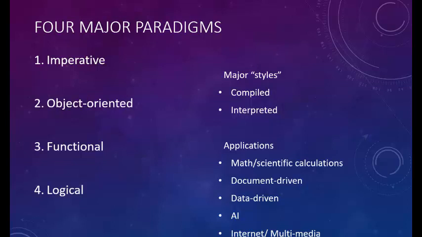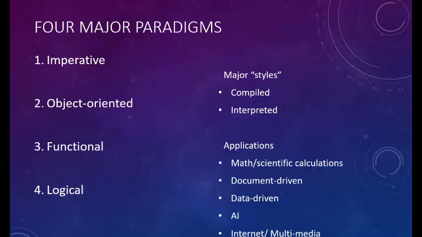Styles include a language that's compiled, linked, and then an executable is built. These languages have certain characteristics that are different from an interpreted language. And the different types of applications, we want to keep that in mind as well. These have an influence on the style and choice of language we will make when we're completing the application.